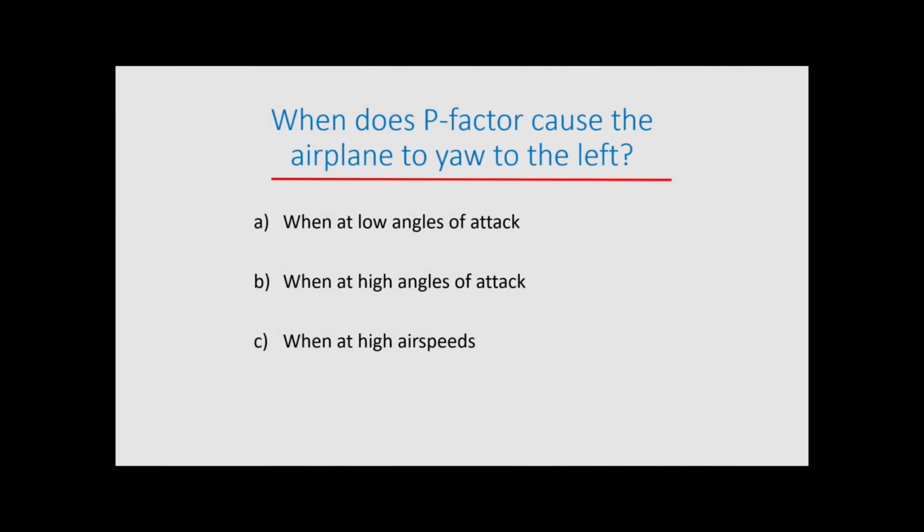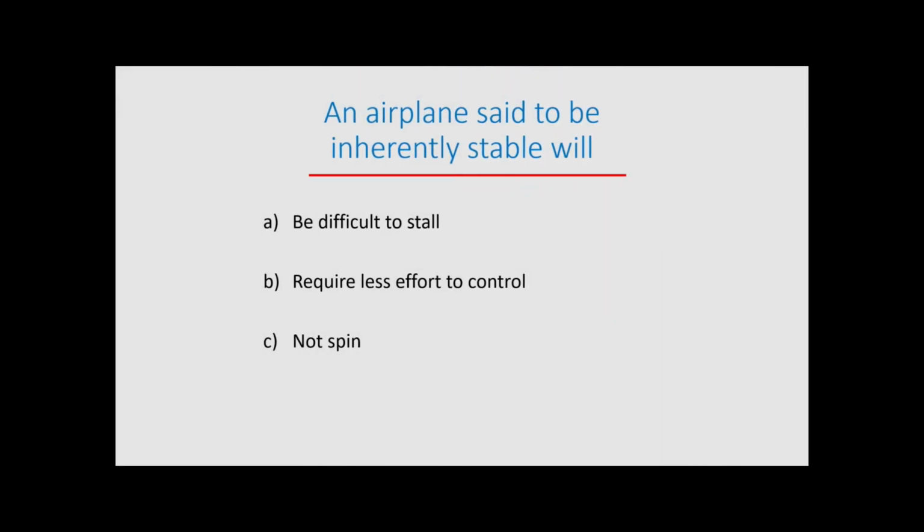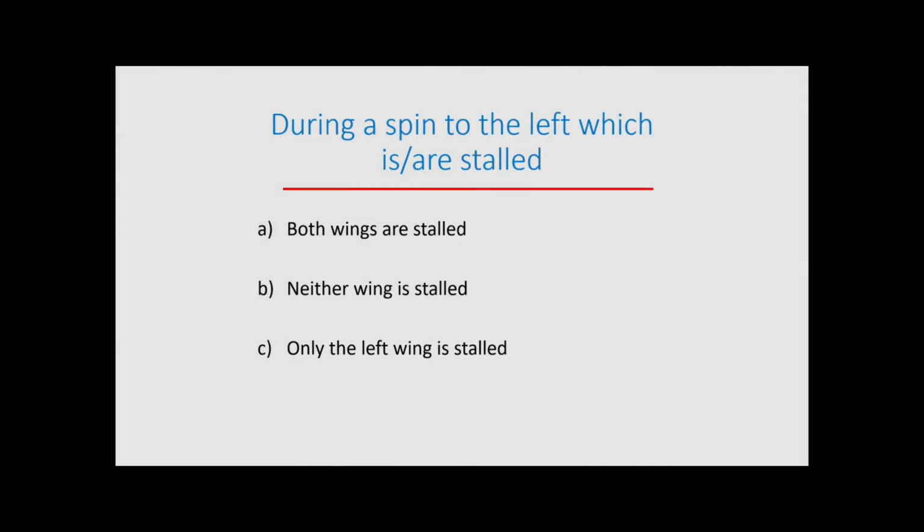When does P factor cause the airplane to yaw to the left? At high angles of attack. An airplane said to be inherently stable will require less effort to control. During a spin to the left, which wing is or are stalled?